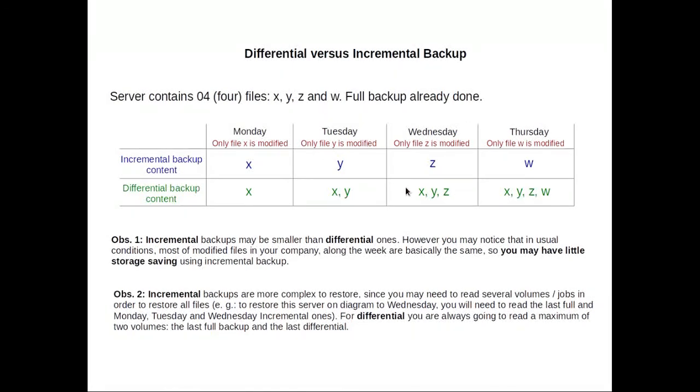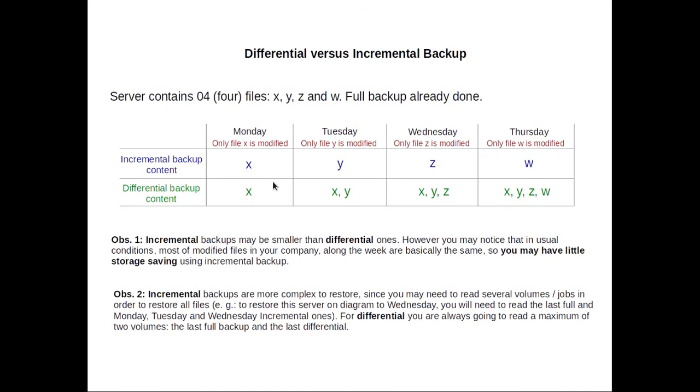What are the consequences of doing incremental and differential backups? Of course, you can see here, incremental backups may be smaller than differential ones. This is true, it can be smaller. However, from my personal experience, you may notice that in usual conditions, most of the files modified along the week are basically the same, so you may have little storage saving using incremental backup.